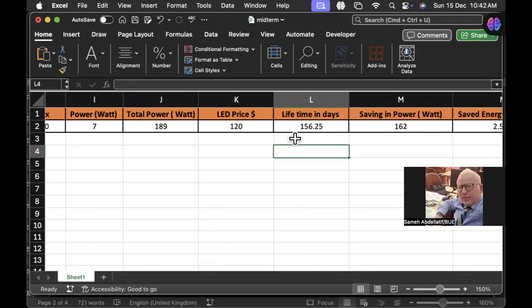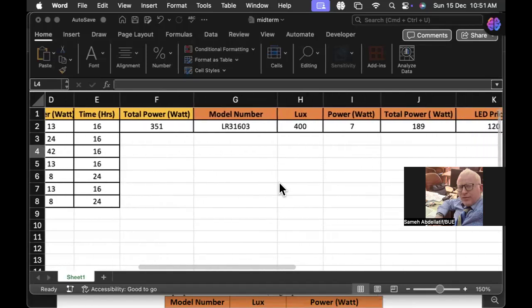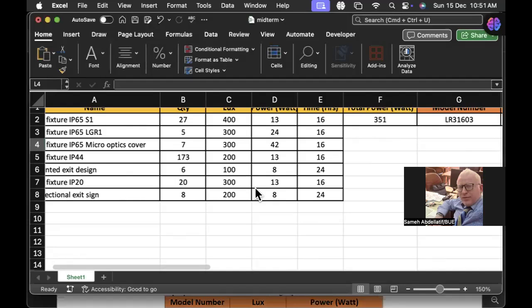So this is an example of how you can select your alternative. It's a matter of cost, saving, and lifetime. So by these combinations, you can choose the appropriate decision. Based on this procedure, you can keep on discussing the alternatives provided by the other sources.